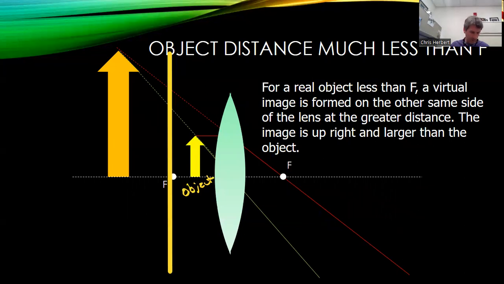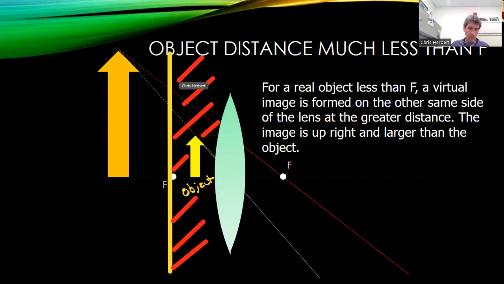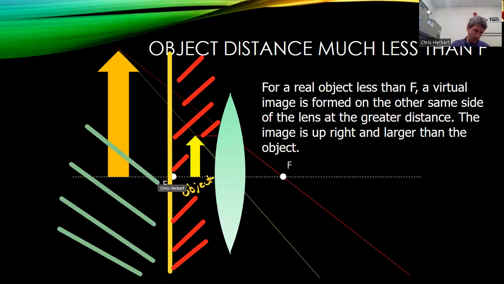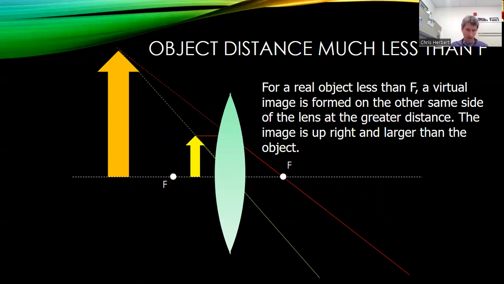Anytime we put an object on this side of the focal point, we're going to get a virtual image. It's going to be right side up. Anytime the object is on this side of the focal point, we get a real image, and it's going to be inverted. And again, at F, you can't get an image.